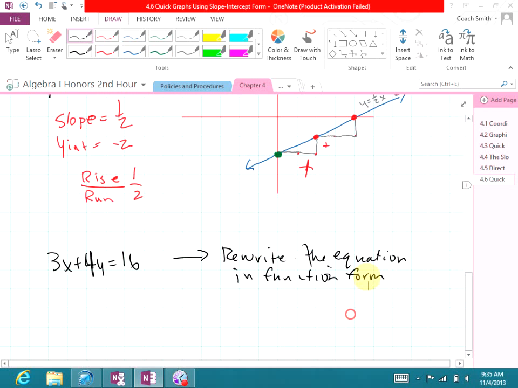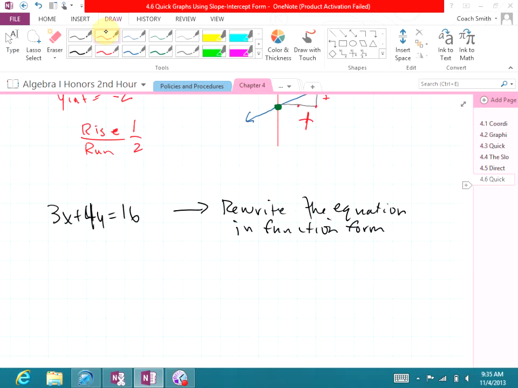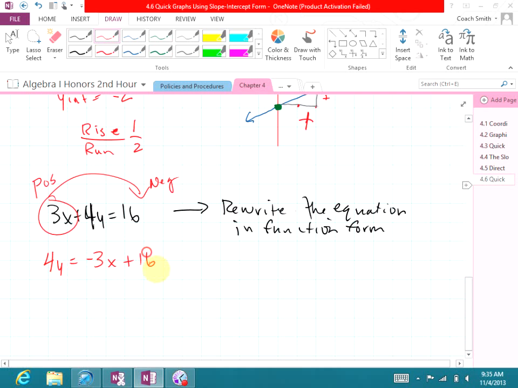So, the first thing we have to do is take the 3x and move it to the other side. Here it was a positive, here it becomes a negative. So that gives me 4y equals negative 3x plus 16.